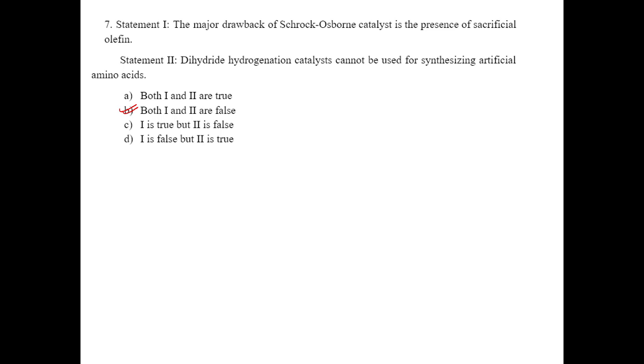If you ask why the first one is not true, you can see the Strock Osborne catalyst that I already wrote down before. One weakly bound olefin is bound there.